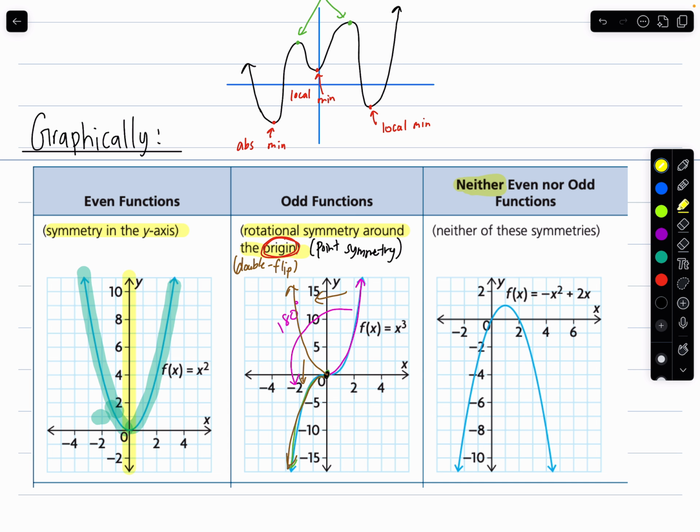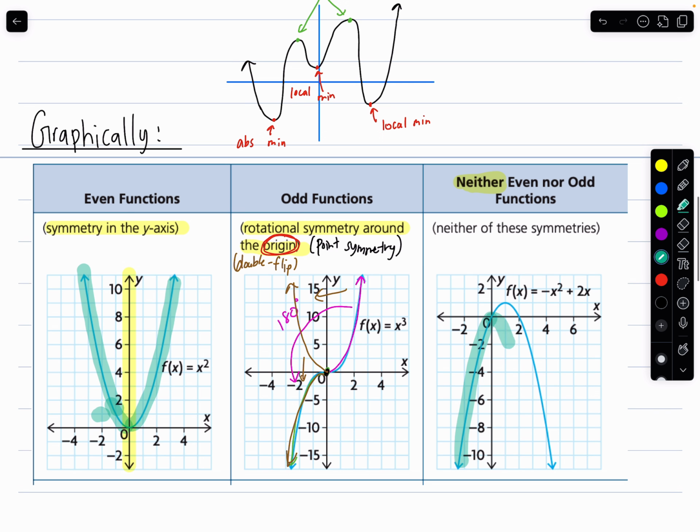And that's why this graph is perfect. If I look at this graph, if I take this part and I reflect it over the y-axis, it should be here. But it's not. It's actually here. Which means that this is not reflective over the y-axis, so therefore it can't be an even function. Or if I take this graph and I rotate it across the point symmetry, I rotate it across the origin, I'm not going to get the other function.